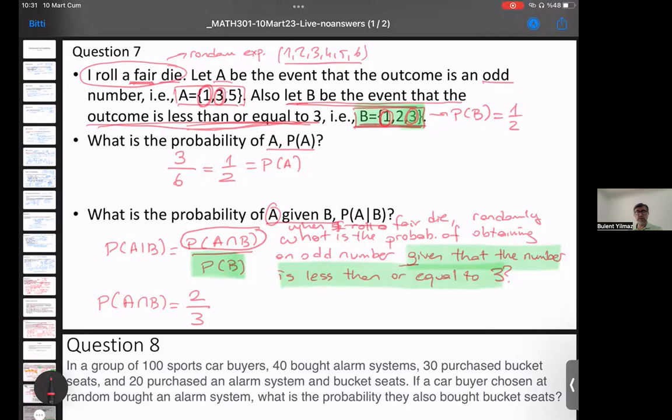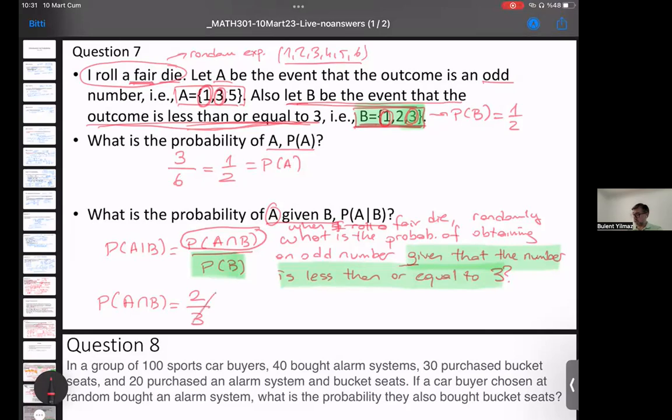What is the probability of A and B, guys? A and B means it is going to be an odd number and less than or equal to 3.